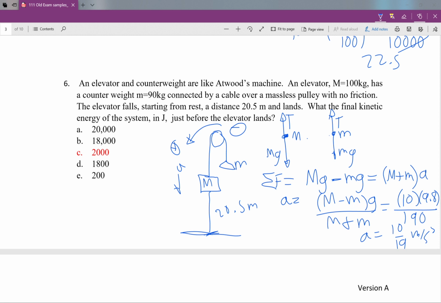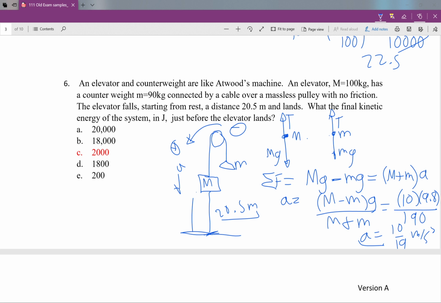Now that we have our acceleration, we can use the kinematics equations, since the acceleration is constant. We're looking for the final velocity, given that this block travels a vertical distance of 20.5 meters. We need a kinematics equation that has acceleration, distance covered, and velocity, but doesn't have time, because we don't know the time and we don't want to bother using it.